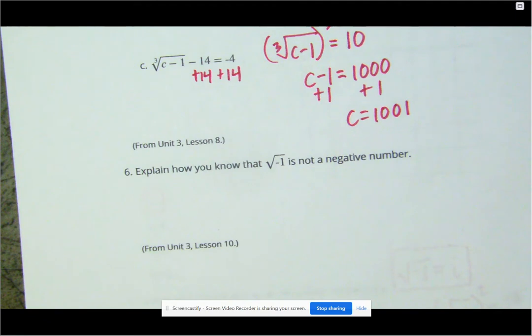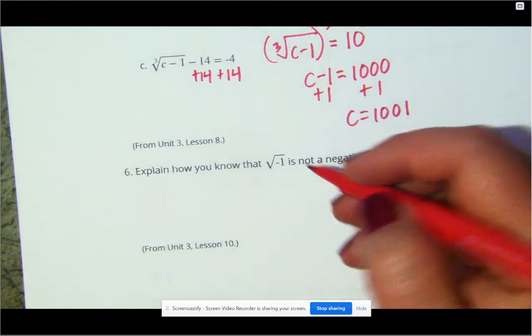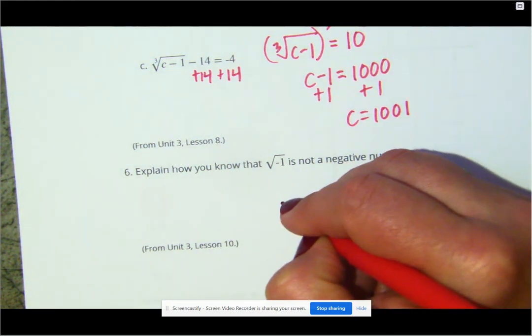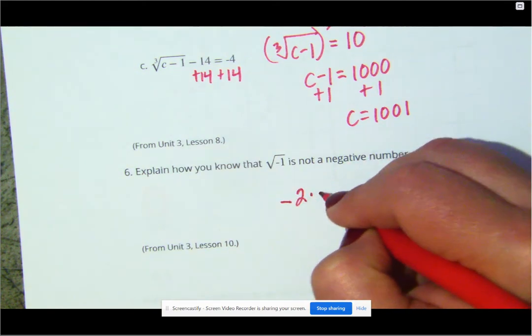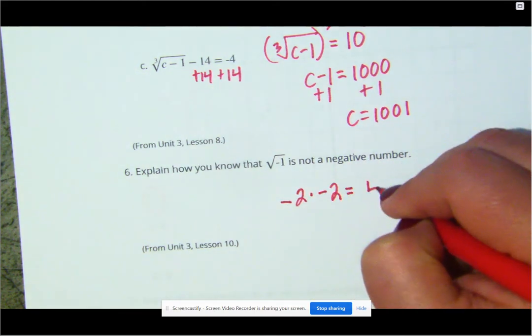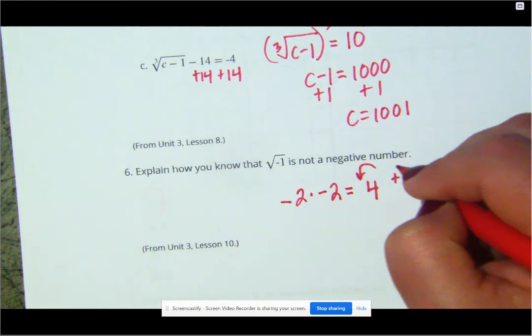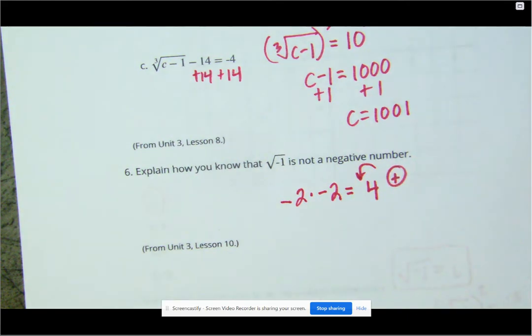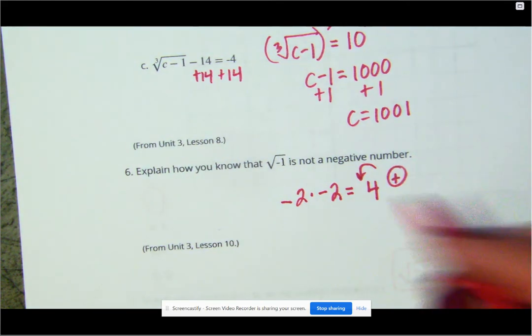Last one. Explain how you know that the square root of -1 is not a negative. So one idea would be properties. If you multiply a negative number times a negative number, you end up with a positive. That's a property of negative numbers. Watch this one.